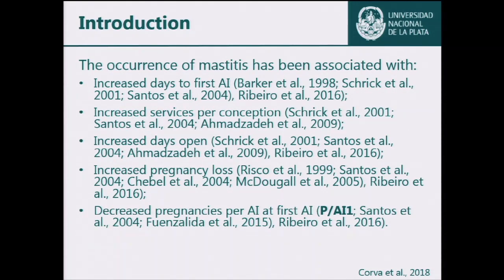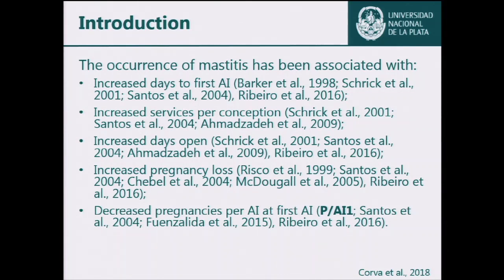There are some works, probably about 10, done regarding this subject, and the difference between what I'm going to show today and these works is that most of these works have shown increased days to first insemination, increased services per conception, increased days open, increased pregnancy loss, and decreased pregnancy per insemination at first insemination.